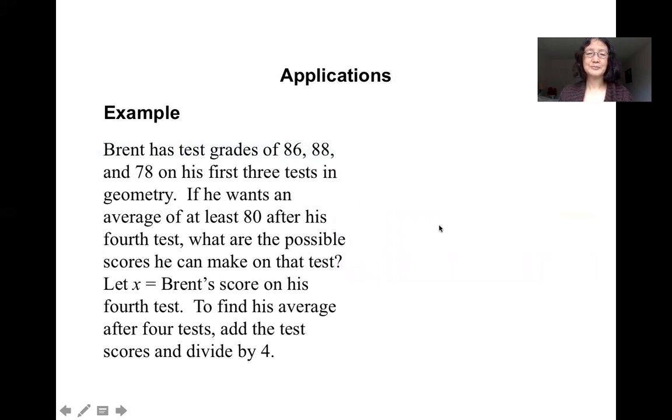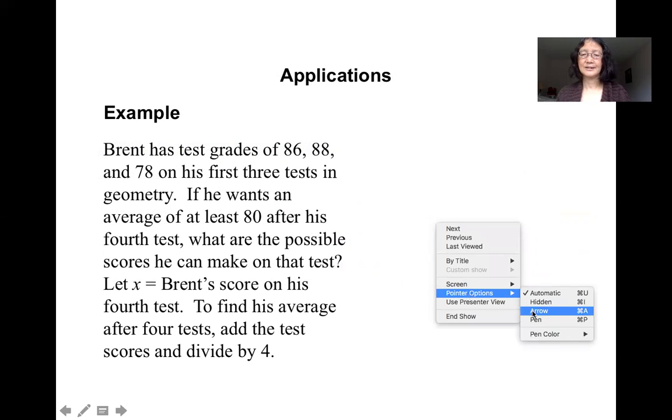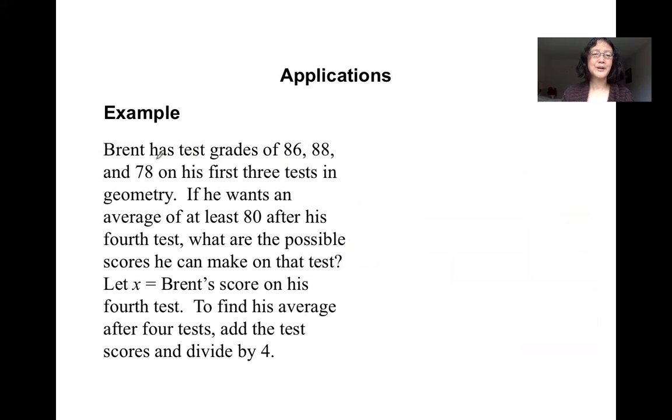Let's look at an example. Brad has test grades of 86, 88, and 78 on his first 3 tests in geometry. If he wants an average of at least 80 after his 4th test, and see the keyword, at least, what are the possible scores he can make on that test?